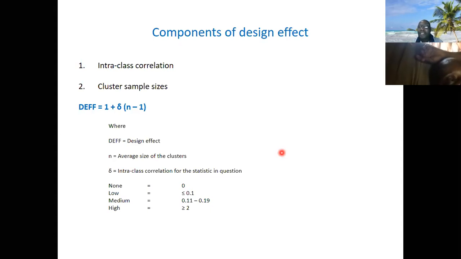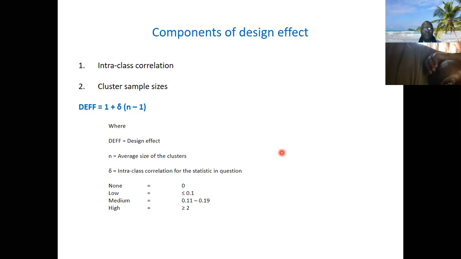So the comparison is this design effect. It depends on intra-class correlation and cluster sample size, that is, the size of each of the clusters, and the intra-class correlation of the statistic of interest you are measuring.